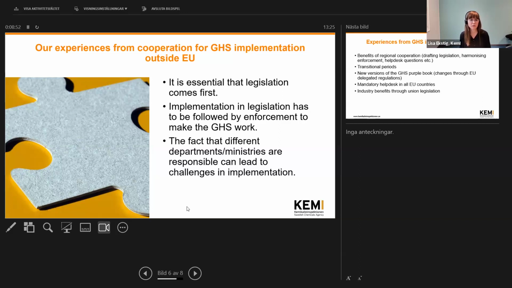And the fact that different departments or ministries are responsible can lead to challenges in implementation, because you have to coordinate the implementation between these different institutions. So that demands cooperation to set that up as well.